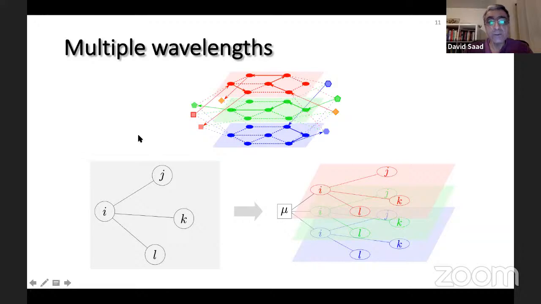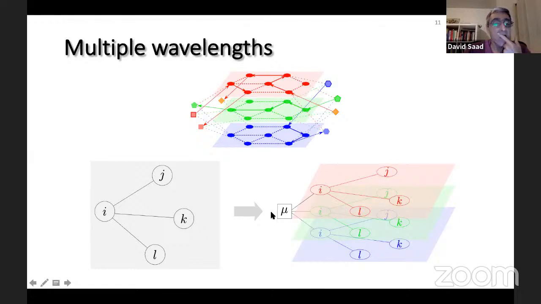So how do we actually do that? One can consider the setup as a set of Q parallel planes, the number of wavelengths. Each one of them has the same topology in terms of the individual nodes. And we assign each one of the communications to eventually one of these planes.